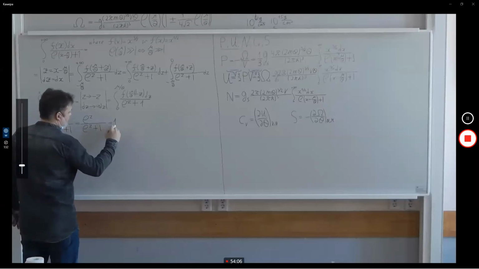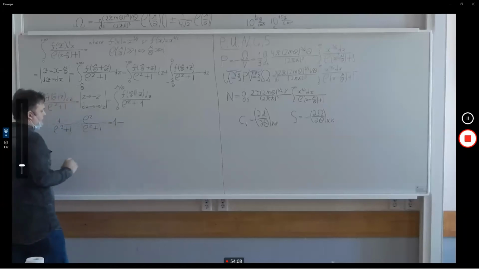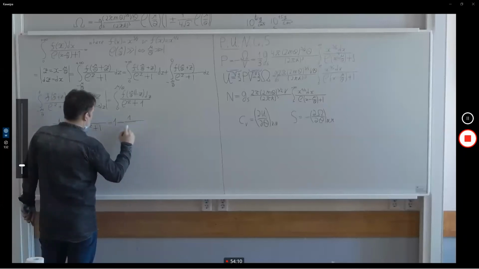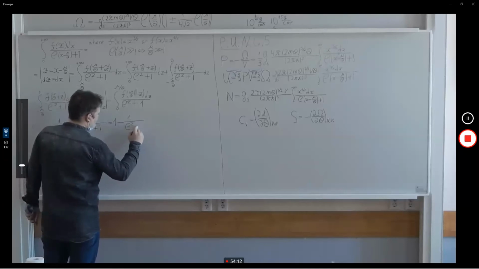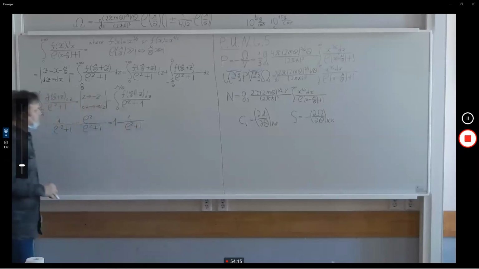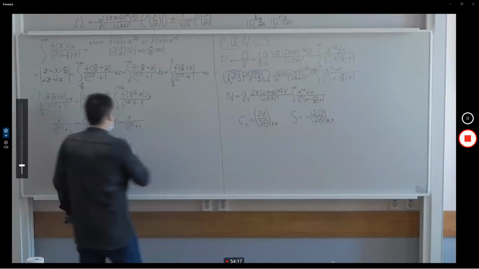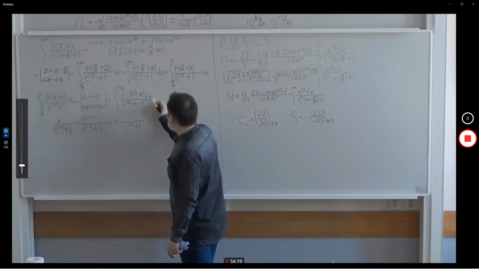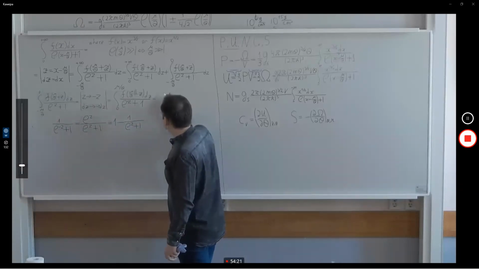And then identically rewrite it as 1 minus 1 over exponent to the power z plus 1.